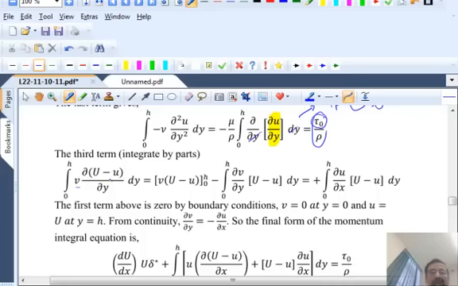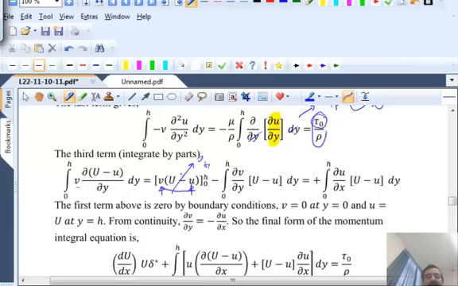So the first part simply becomes v times capital U minus u between the limits of 0 and h. What would that be? That will be 0. Why? When you evaluate it at 0, the velocity at the plate is 0. When you evaluate it at h, this velocity, capital U, becomes small u. The difference becomes 0. So this entire term would drop out.